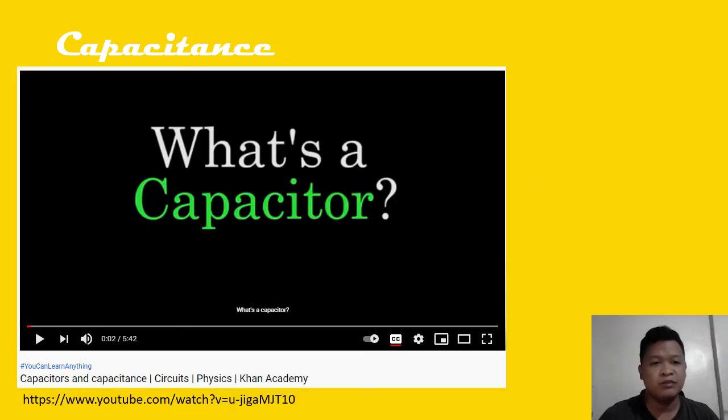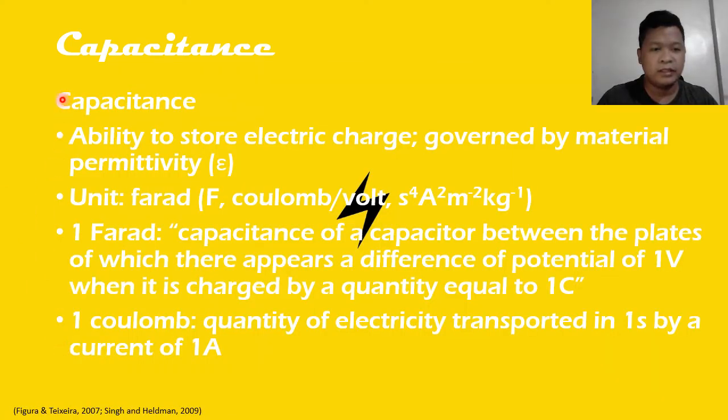Okay, so as we move on to discussing capacitance, you can watch this video in the link over here to have a graphic understanding of what a capacitor is and hence what capacitance is. Okay, so again, in summary, capacitance is the ability to store magnetic charge, and it's governed per equation by a material property called the permittivity.